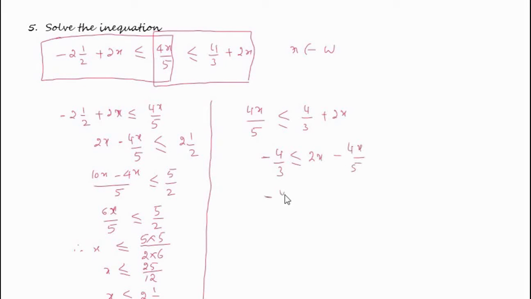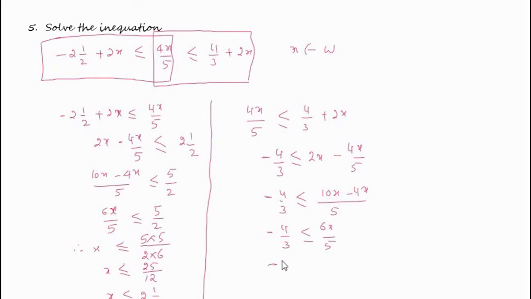So minus 4 by 3 less than or equal to, if you take the LCM, it is 5. So here it is 10x minus 4x. So minus 4 by 3 less than or equal to 6x divided by 5. X I will keep here, and then 5 I will take to the left side. Same thing, the 6 also down here.